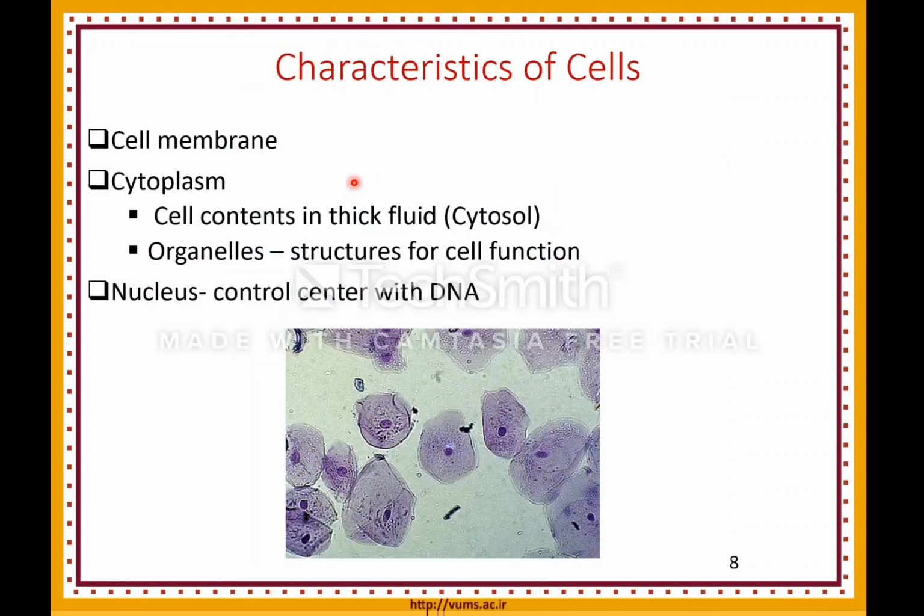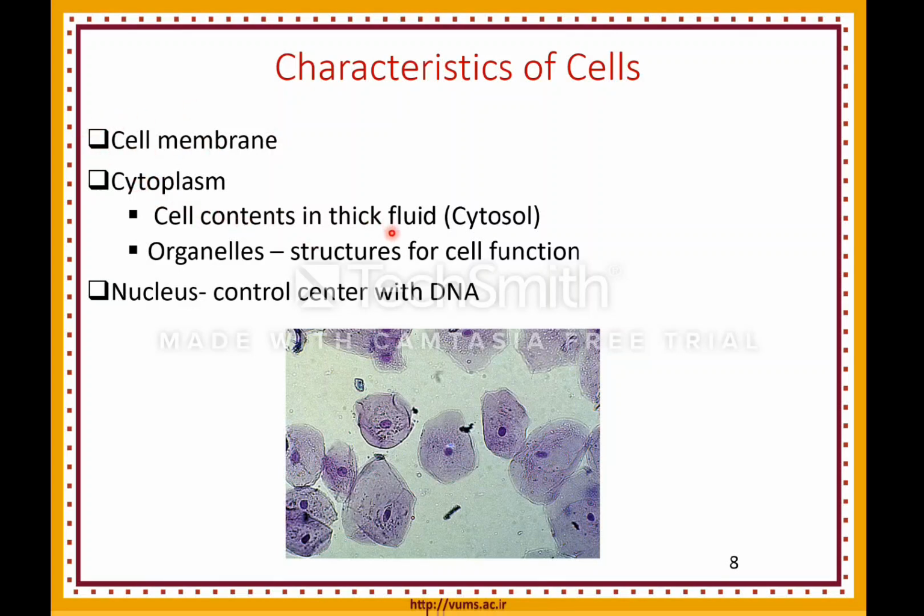After this introduction, from slide 18.8, we want to know about the structure of the cell. All of the cells that differentiate and have different structure and function have three main components. The cell membrane is a membrane that restricts the cell.